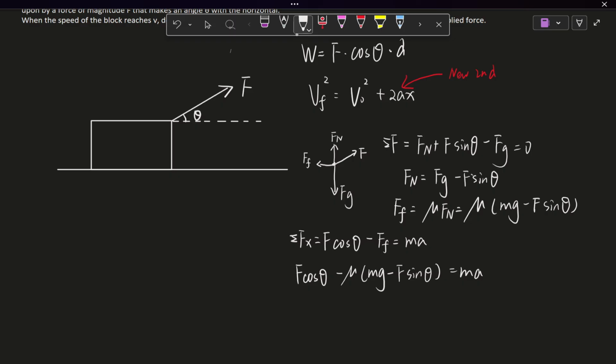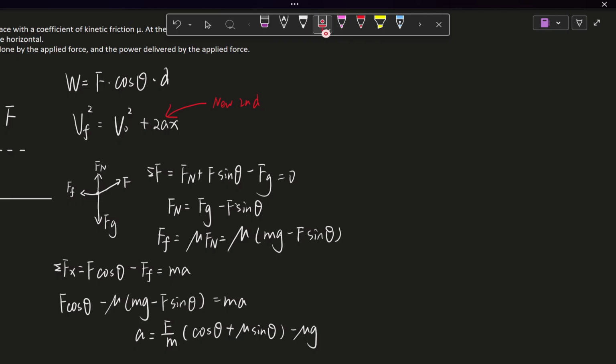After simplifying it, we'll get a is equal to F over m times cosine theta plus mu sine theta, minus mu g. And this is the expression for a.